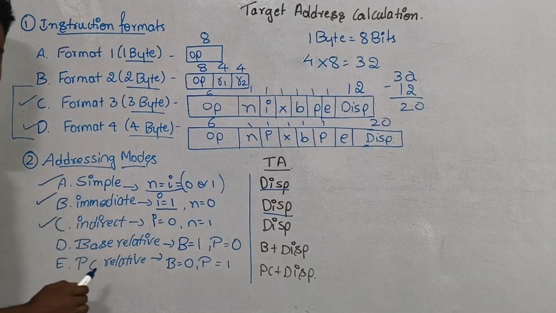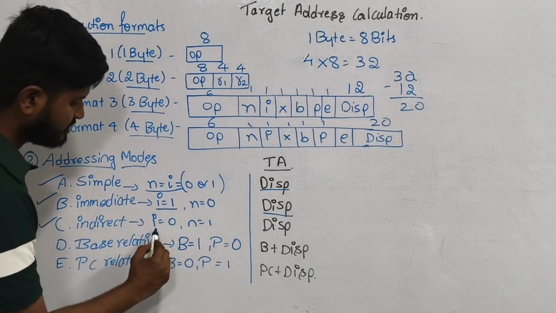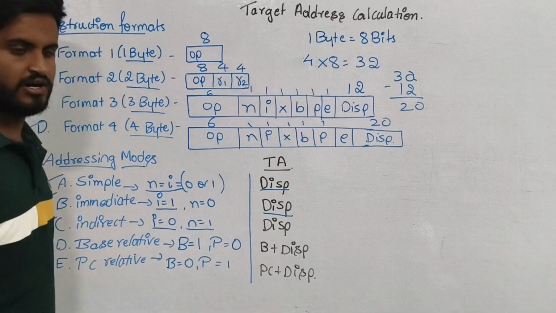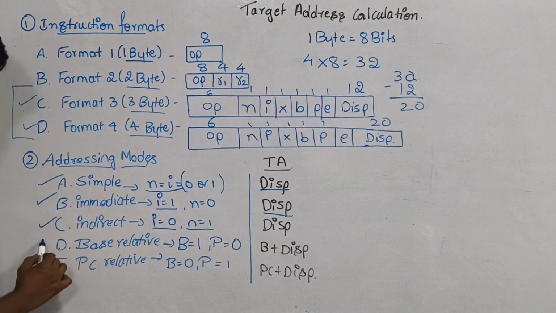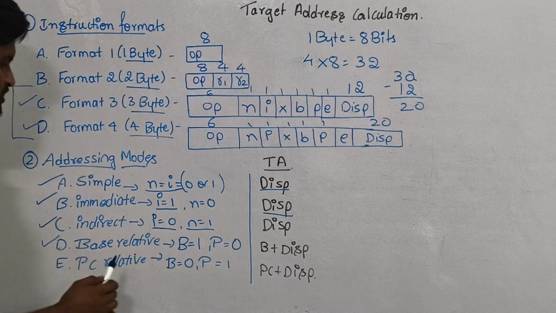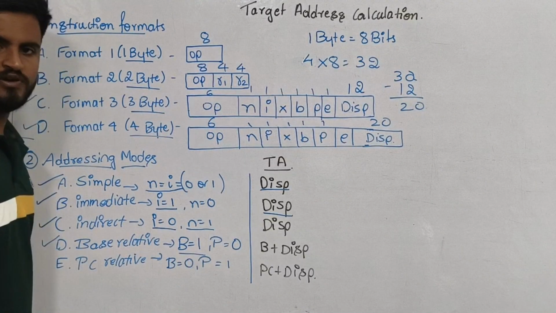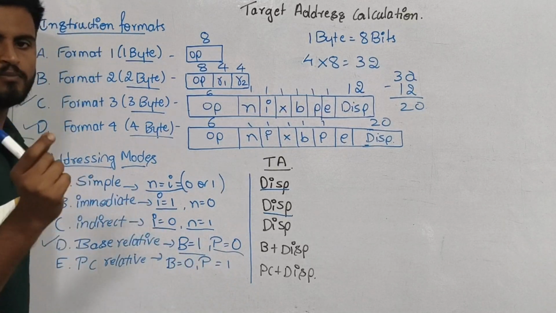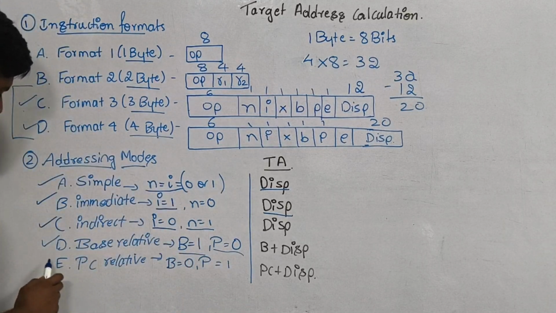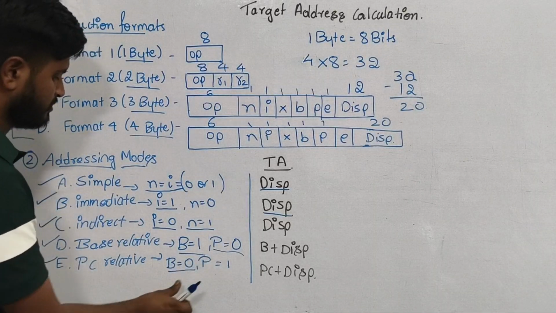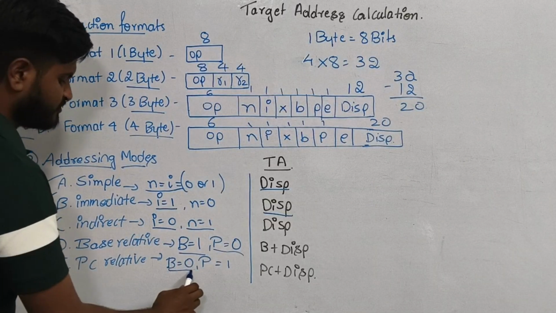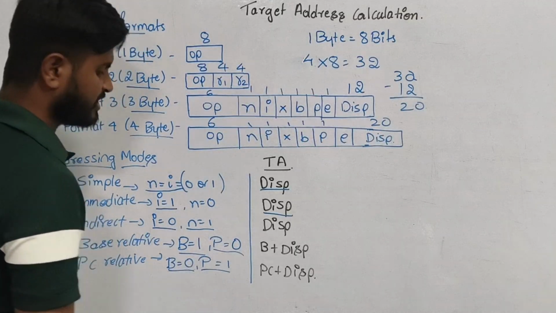Third one is indirect, in which it is vice versa. That is, i will be 0 and n will be 1. So the n value will be 1 and the i value will be 0 in indirect. Next, base relative. In base relative, the B value will be 1 and P, the program counter value, will be 0. Next, in program counter relative, base will be 0 and the program counter value will be 1.